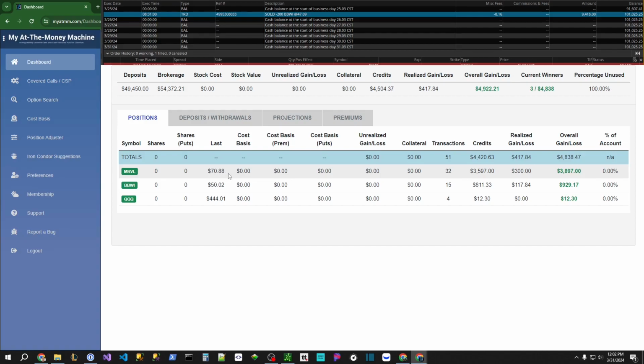Marvel has gone up into the 70s, and BBWI is heading up into the 50s. I do like to try and keep the target stock symbols that I'm working with lower. In the 40s seems to be my threshold of the highest that I want to go.